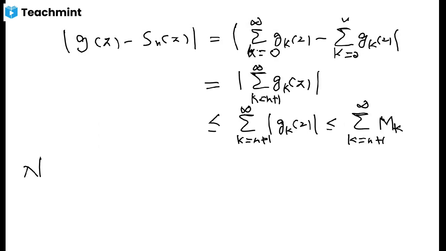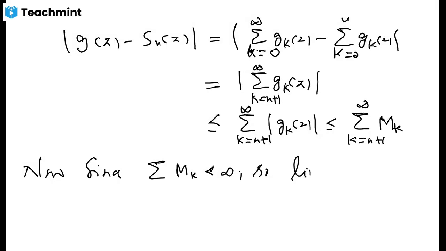Now, since the series of M_k is convergent by hypothesis, there is an essential condition of convergence of a series of positive numbers: the limit as n goes to infinity of the sum from k = n+1 to infinity of M_k goes to 0.